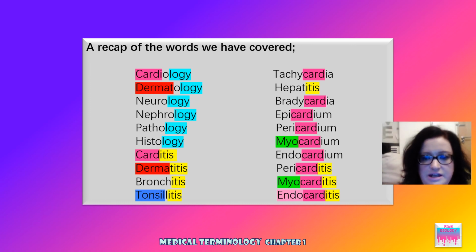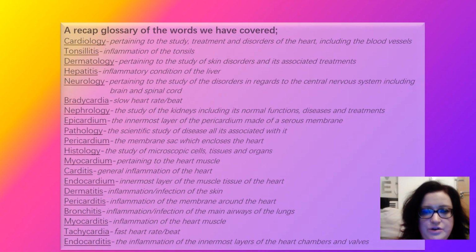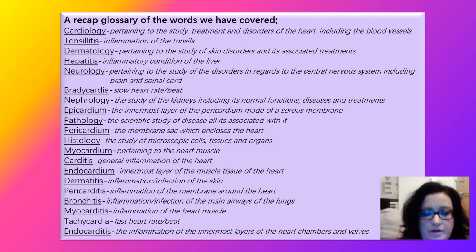So you can see inflammation, you can see muscle, you can see dermat in red, which is dermatology, which is the skin. You can see logy, which is in the turquoise. And you can see a pattern here. And a lot of medical terminology words is very repetitious, and they mix and match, it's very interchangeable, which you will notice. So just to show you a recap of a lot more detail describing each word, which you can refer to.